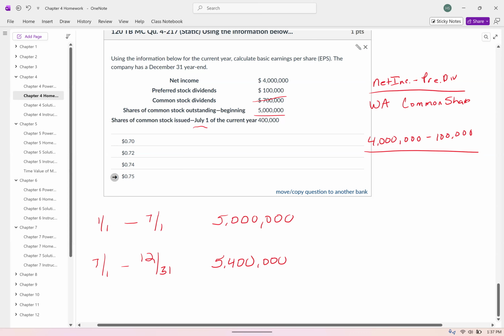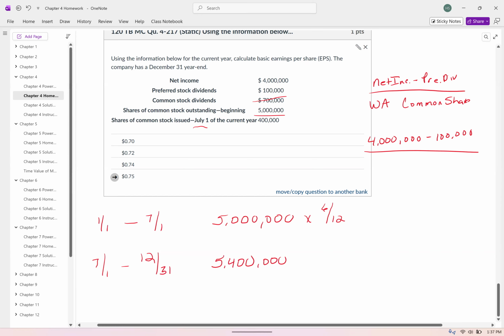Okay, you can count on your fingers. It's okay. January through July the 1st, really, they could have said June 30th and it still would have been the same. Okay. But they said July 1st. That's only 6 months. That is January, February, March, April, May, and June. So you're going to multiply this 5 million by the fraction 6 divided by 12 or 1/2.